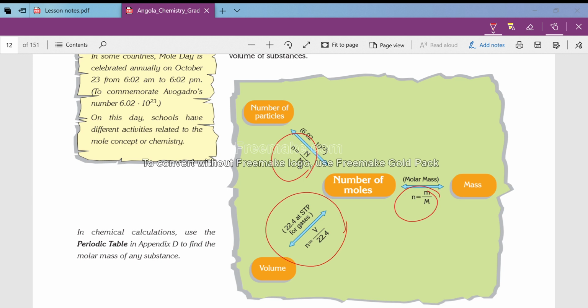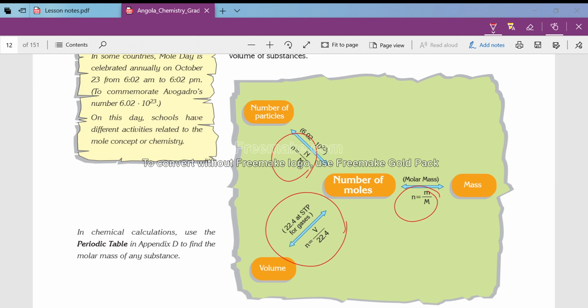Now volume happens to gases. We only use volume when we are dealing with gases. Number of moles equals volume divided by molar volume.